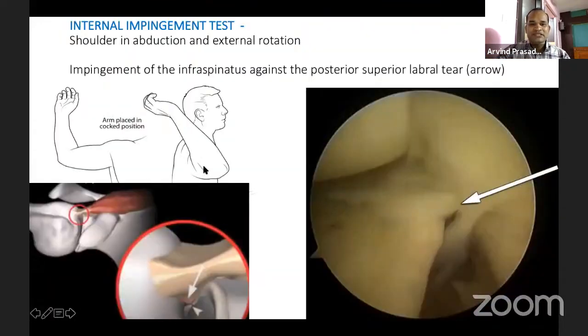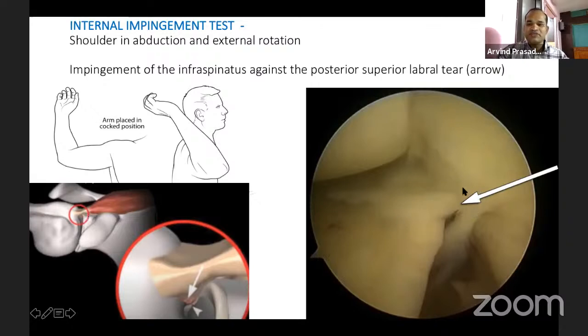The next is the internal impingement test. All the previous tests were external impingement tests, outside the capsule. In the internal impingement test, the shoulder is in abduction and external rotation. In this position, if the infraspinatus impinges on the superolateral aspect of the glenoid or the labrum, then the test is positive.